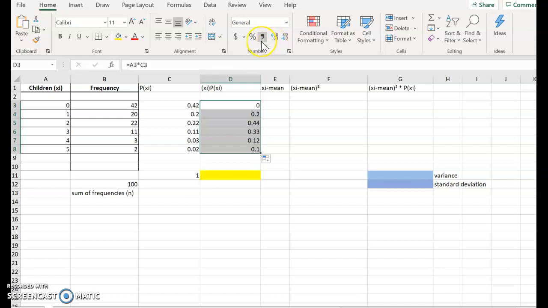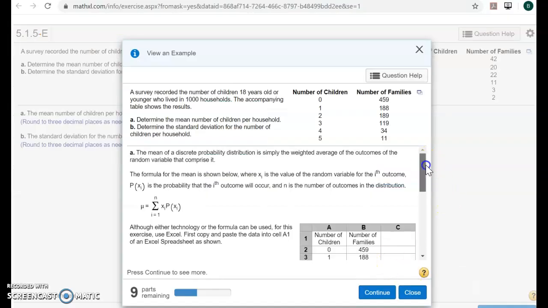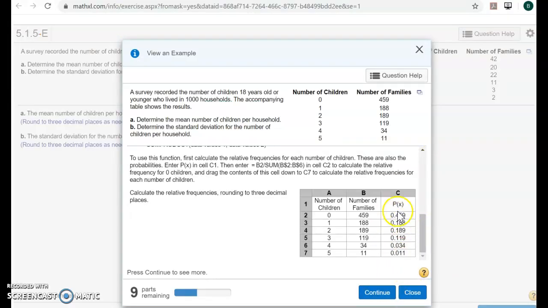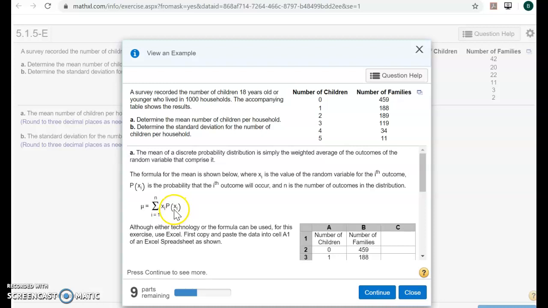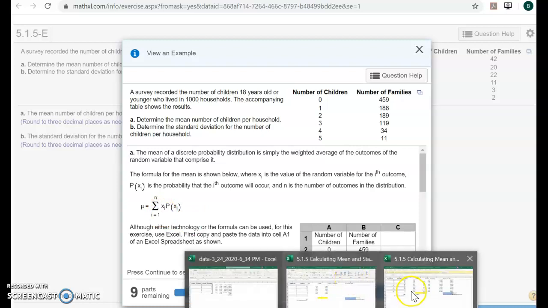And they want this rounded, I believe, to the third decimal place. How did I know that they wanted it to the third? When you're going through this problem step by step, see that P of X of I, it says round to 3 decimal places. The last thing in the formula: we found our probability, we've multiplied it by X, and this summation symbol means to add those up.